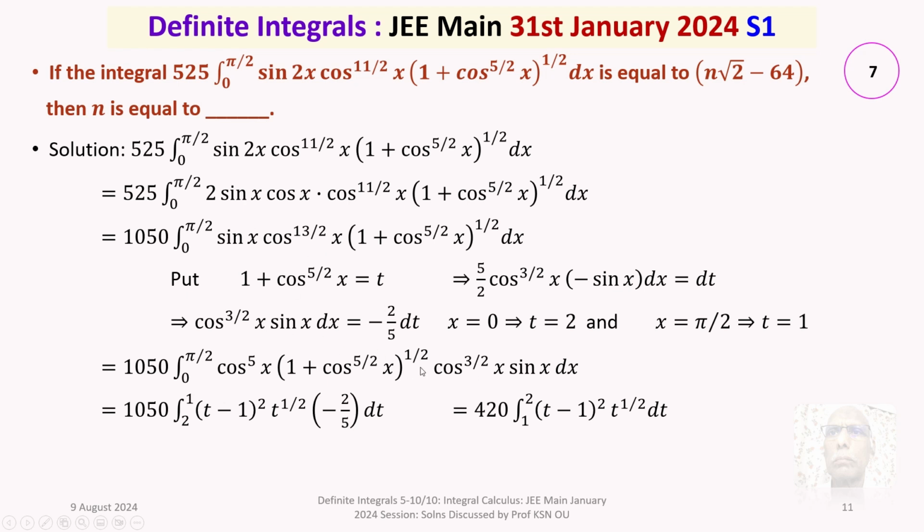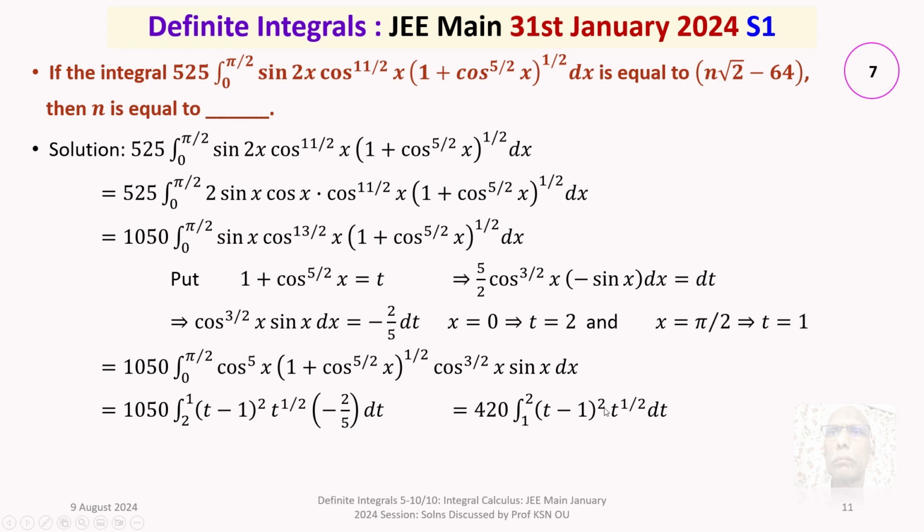Now the question is, is the adjustment all right for you? Right? Cos to the power of 5 x into cos to the power of 3 by 2 x is 5 plus 3 by 2, that is 13 by 2. That is split as these two terms because of the presence of the coefficient of dx.